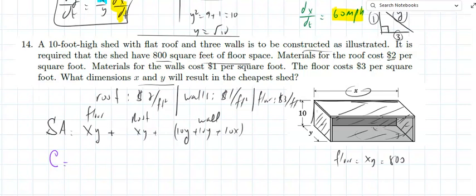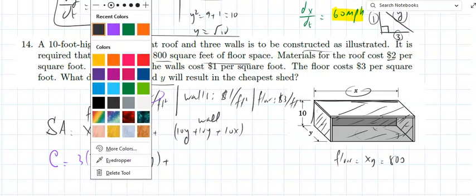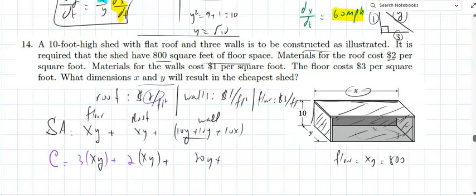The cost function is take the floor and multiply the floor by $3. Take the roof and multiply, the cost of the roof is $2 per square foot. Of course, that's the footage. And take the walls, which is 20y plus 10x, and multiply that by the $1.